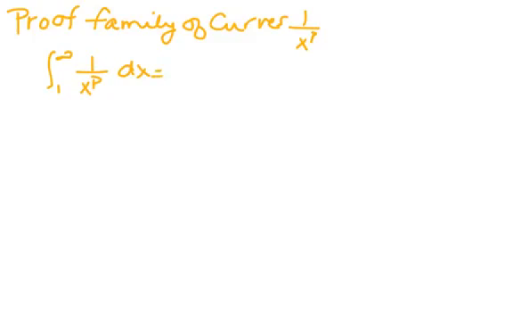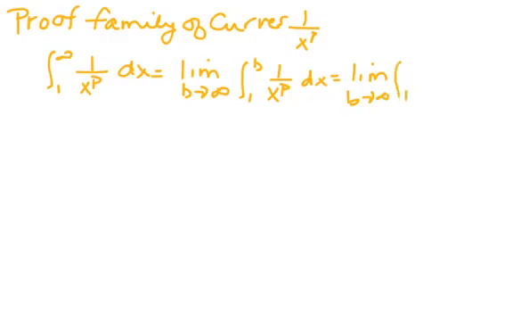So as with any improper integral with an infinite integration limit, I'm going to rewrite it as the limit as b approaches infinity of the integral from 1 to b of 1 over x to the p dx. And this is the same thing. I'm just going to rewrite this with a negative exponent as the integral from 1 to b of x to the minus p dx. So let's take the antiderivative or solve the integral.